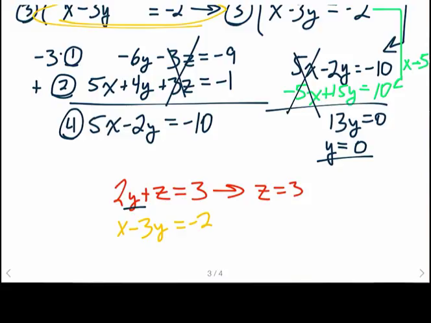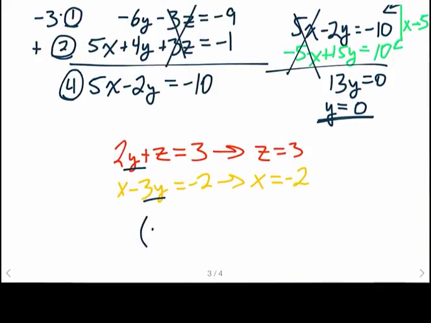For x minus 3y equals -2, again, if y equals 0, that gives me directly that x is equal to -2. Now all that's left is for me to package this up nicely in an ordered triple, say x, y, z is equal to -2, 0, 3.